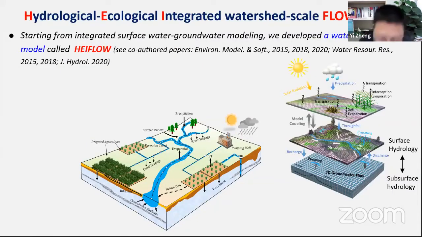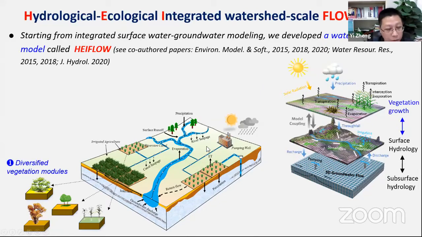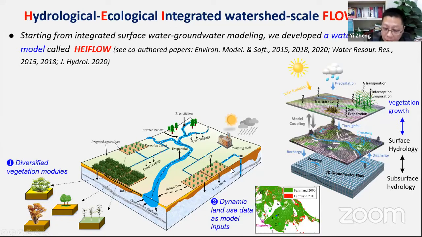In the past 6 to 7 years, my group has been developing a watershed system model called HEIFLOW, using Heihe River Basin as a test bed. Technical details about this integrated model can be found in a number of publications. I'd like to mention several major features of this model. First, it has coupled diversified vegetation models. Second, it can take dynamic land use data as model inputs, because land use changes fast.